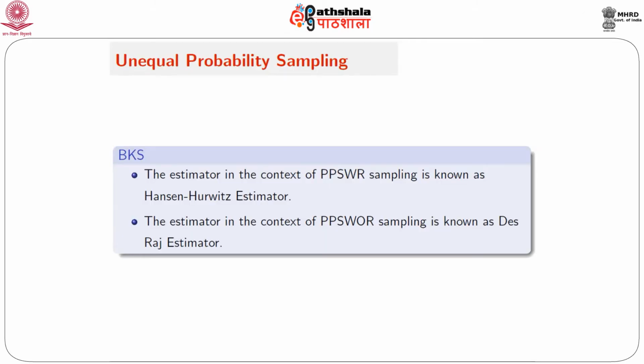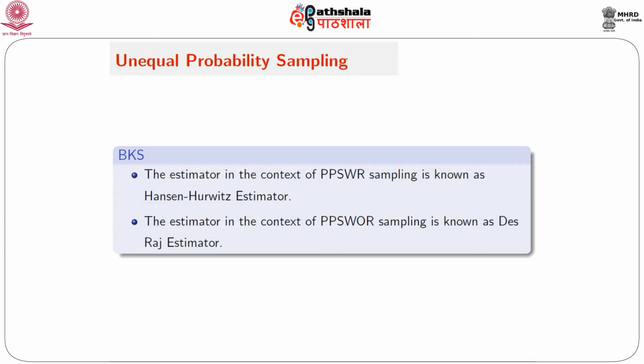Note that in the context of PPS with replacement sampling, the individual estimators YT over PT behave like what we call IID, and therefore the computation of their average towards estimation of the total, then the variance and the variance estimate, everything becomes very routine.